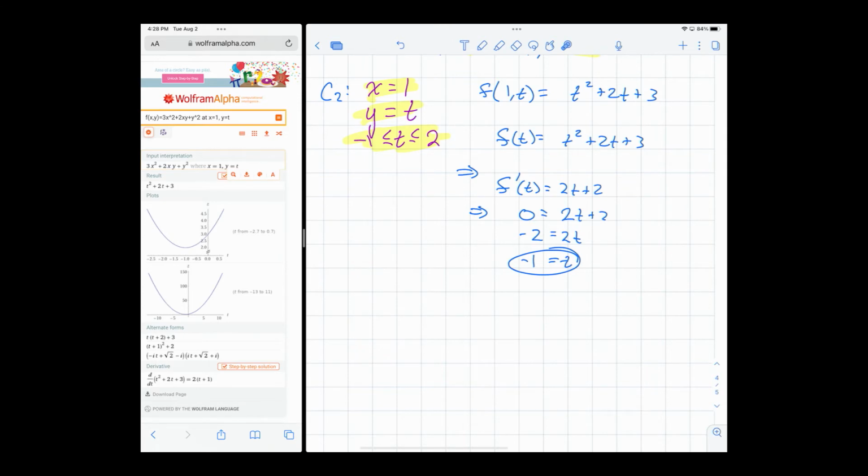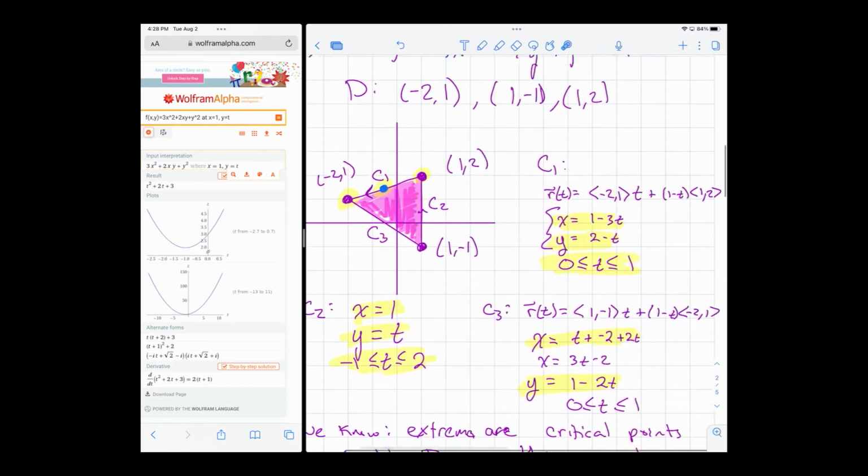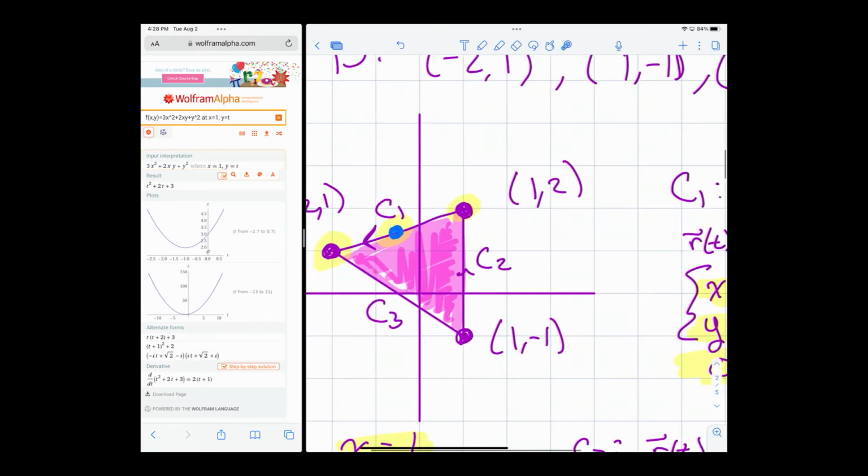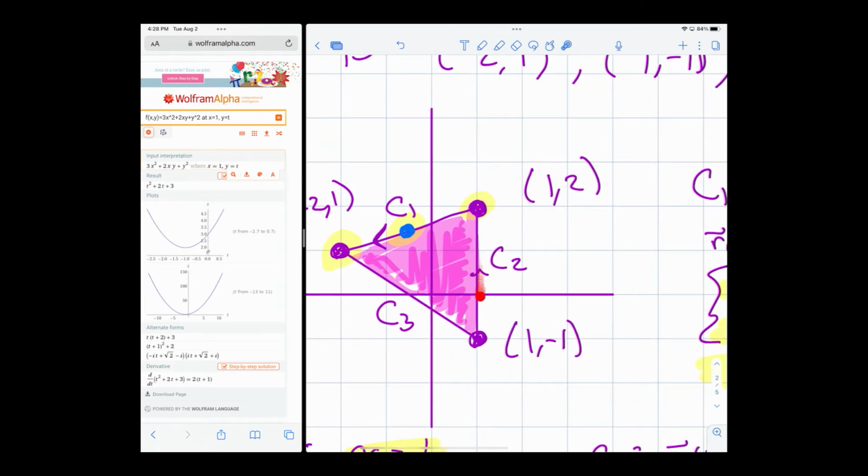So along C2, along this section of the curve here, we didn't actually find any points in between, right? So we've only got this point here from the endpoint, this point here from the endpoint, and the critical point just happened to be down here where this point already was.